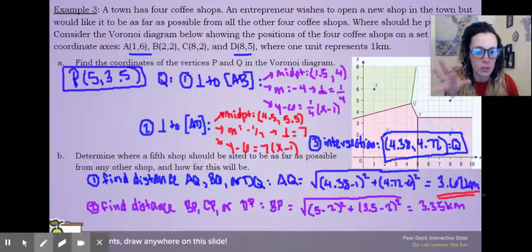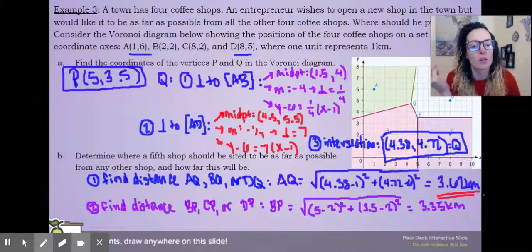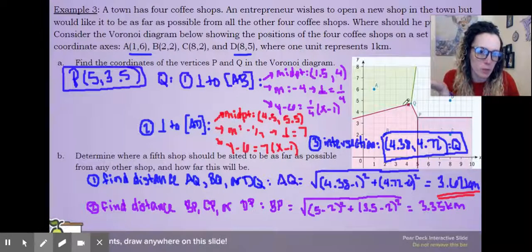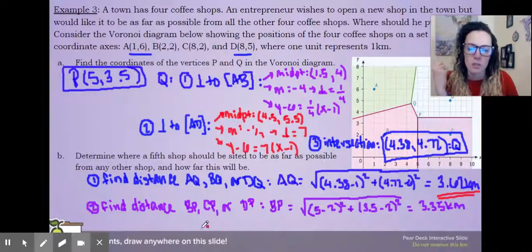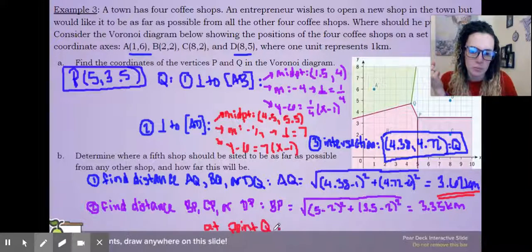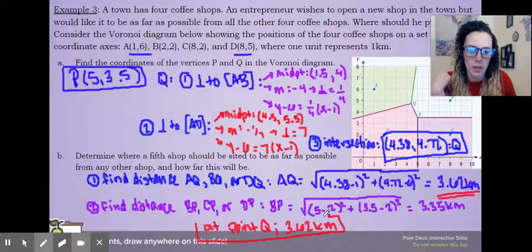It's the furthest from the 3 points or the 3 shops that it's already equidistant to, which means it's also going to be further from point C, because look at that distance. So what this tells me is that it should be at point Q. And the distance, because it also asked how far it would be, 3.62 kilometers. So that was our final answer.